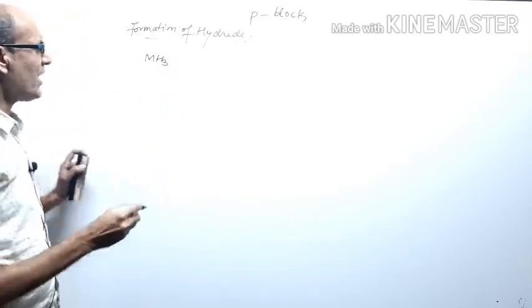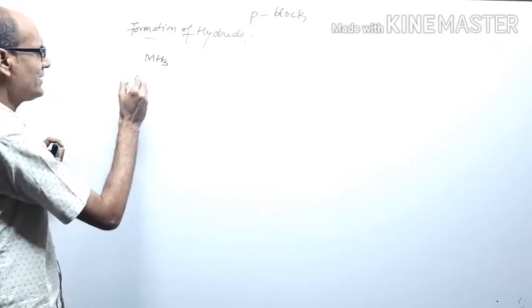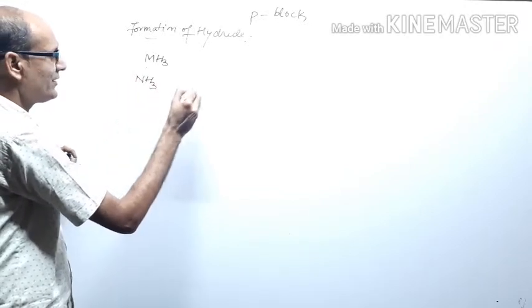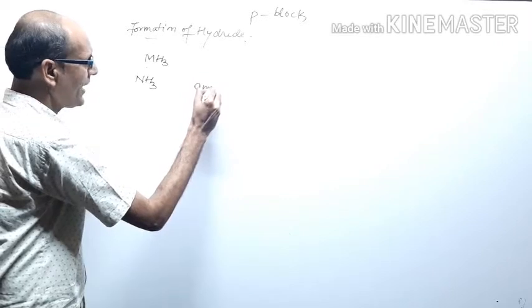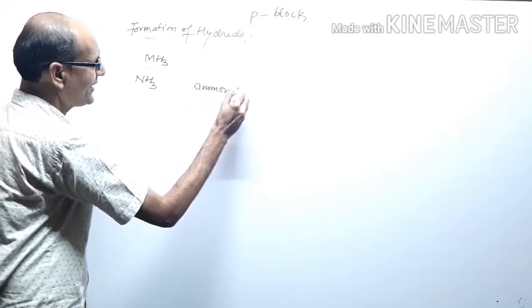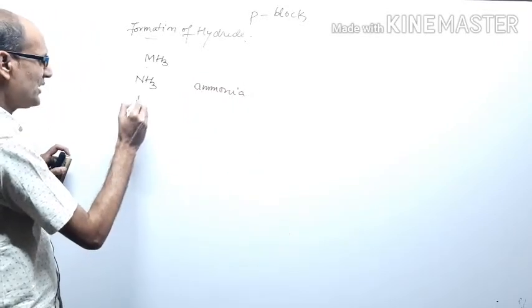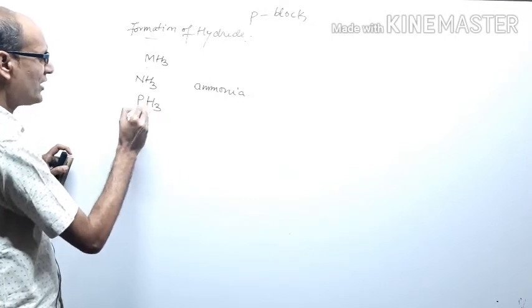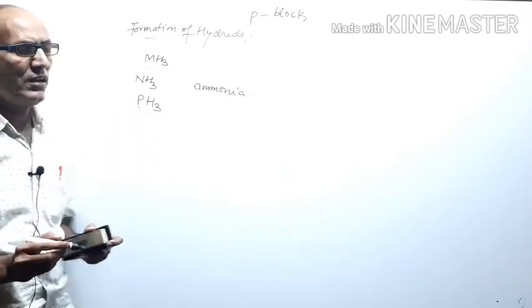Nitrogen, the first member, forms NH3, which is ammonia, while phosphorus forms PH3, called phosphine.